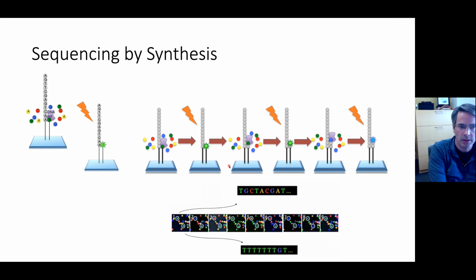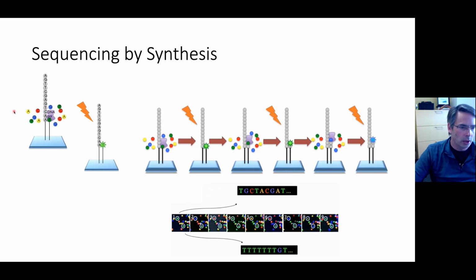So how does sequencing by synthesis work? Here, for example, we've blown up and focused in on one single oligomer on the flow cell. These lines are the adapter and the oligo that was tethered to the flow cell. So it's latched here, and we want to sequence this sample.